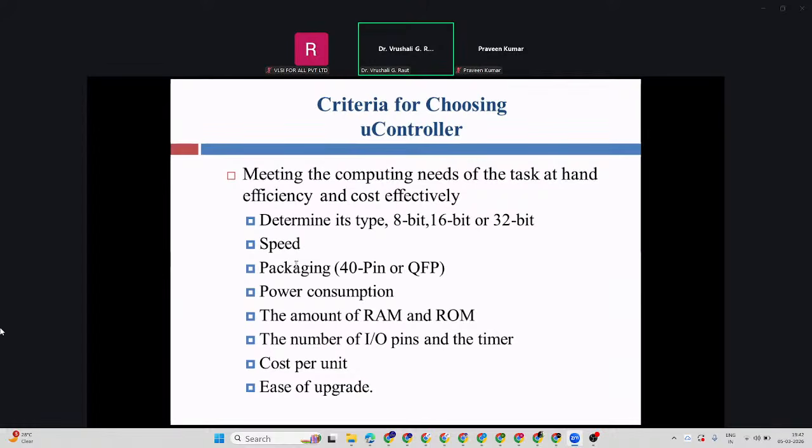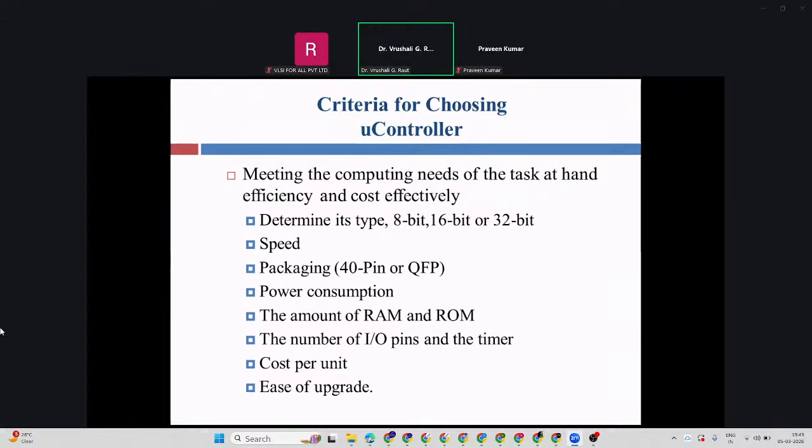Then packaging, how it is packaged. Is it DIP? Is it QFP? What type of package it is? Because I am making my circuit, and for the circuit, I am thinking of what type of package I need.